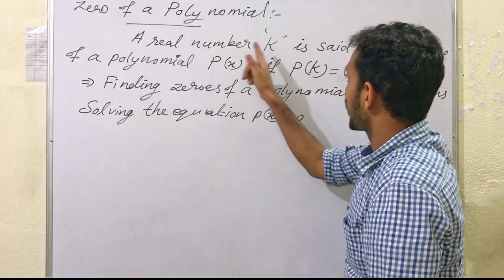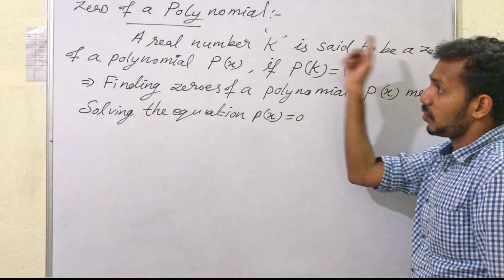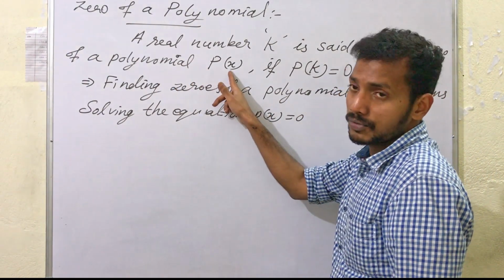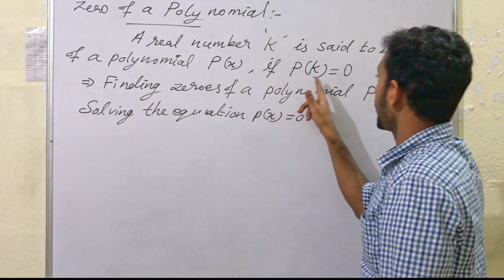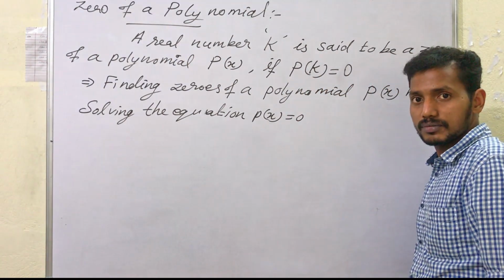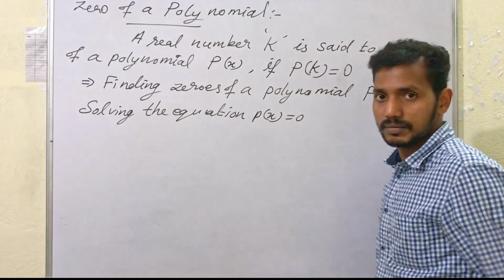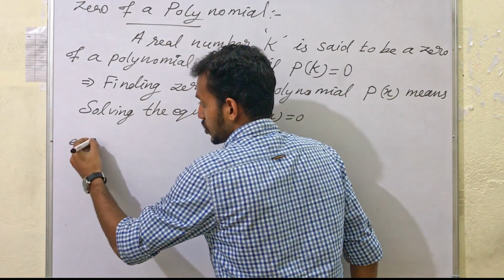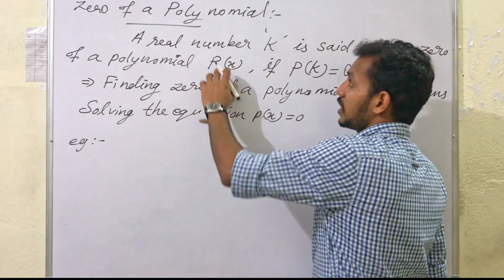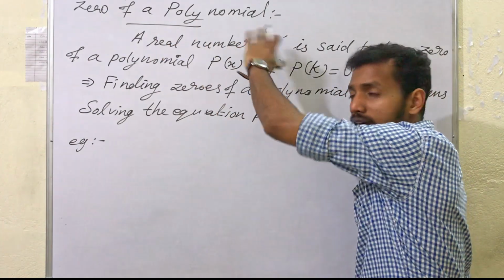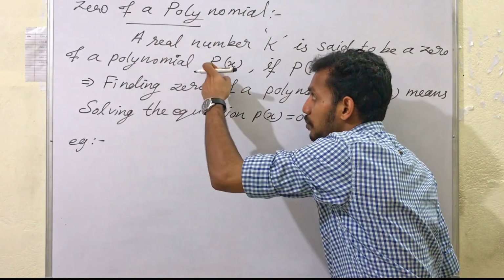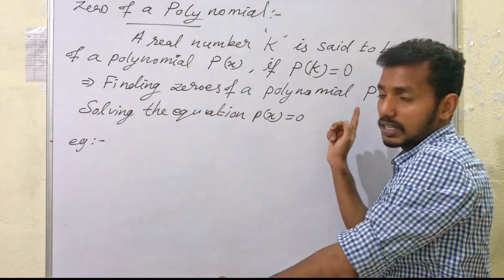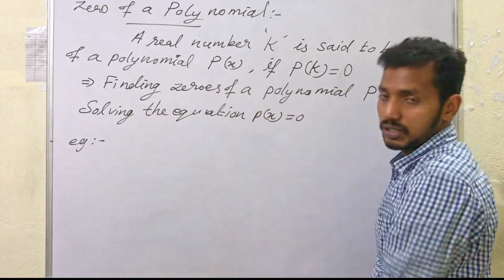A real number k is said to be a zero of a polynomial p of x if p of k is equal to 0. Let's take an example to understand this definition. It says that a number k is said to be a zero of a polynomial p of x if p of k is 0.